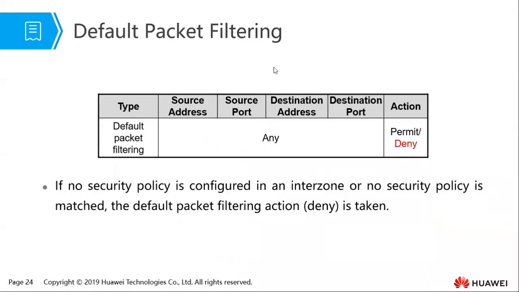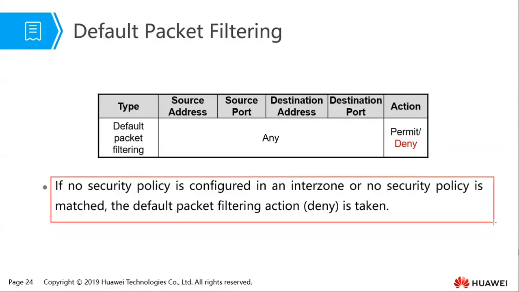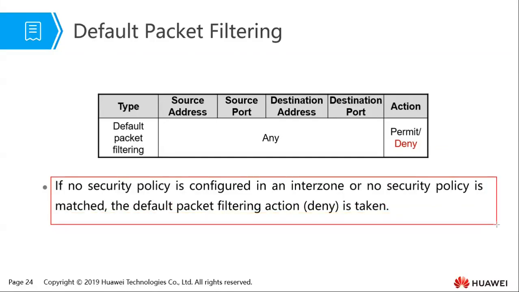So generally, if no security policy is configured in an interzone or no security policy is matched, then the default packet filtering action is deny. So if we've not configured any policy or you do not match any policy, we simply deny.